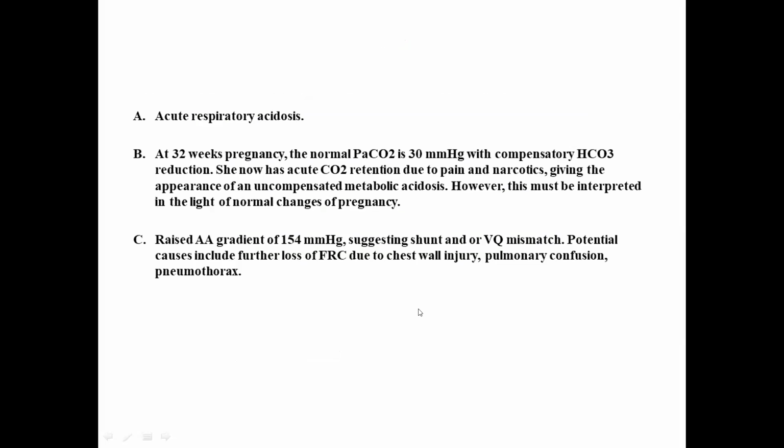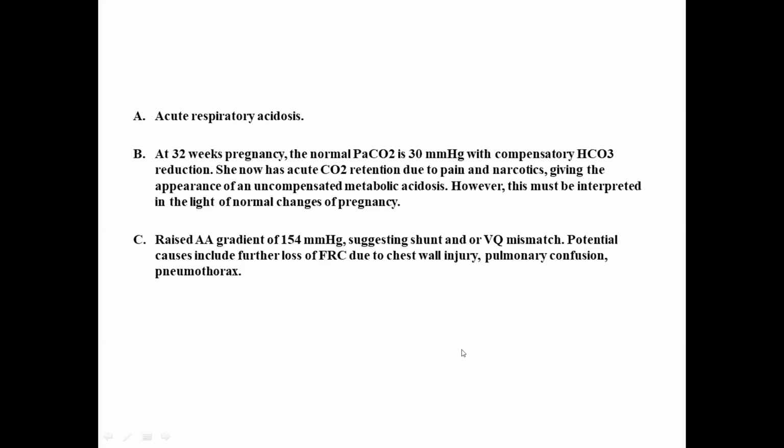However, this must be interpreted in the light of normal changes of pregnancy. So please keep this in mind whenever there is some word like pregnant woman in an ABG. That is the reason I have kept this ABG, because it is a little bit confusing.